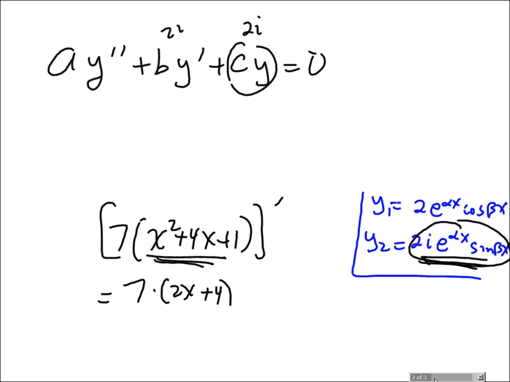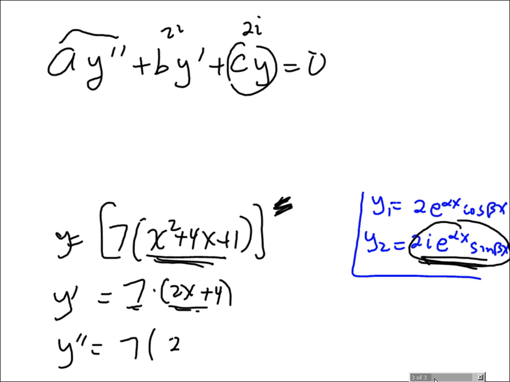And when you take the second derivative, that was y, that's y prime. When you take the second derivative, the 7 just stays there, like it had nowhere else to go. And you multiply that by the derivative of this, which is just 2.